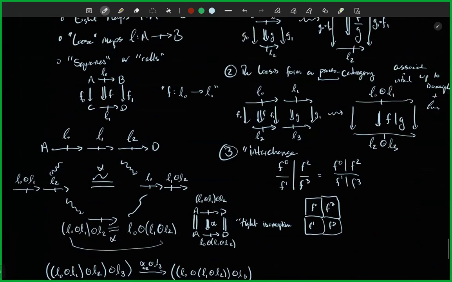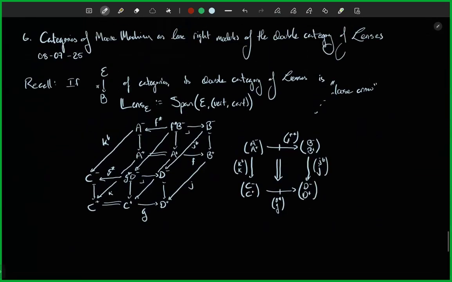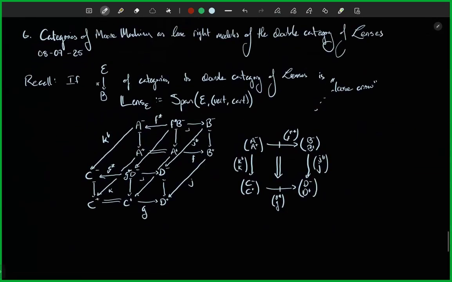Now, we have our double category of lenses. Maybe I'll scroll back up to it. Here's our double category of lenses. Note what this means: it's a double category because it's a double category of spans, of a special sort. What this means is that we can also put together these squares like this.